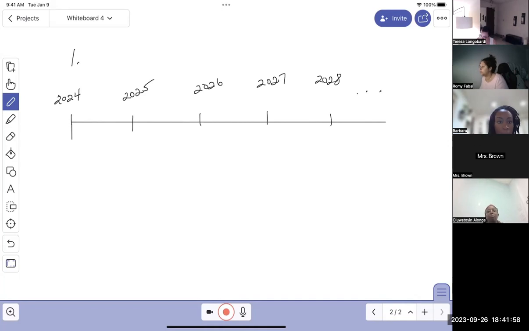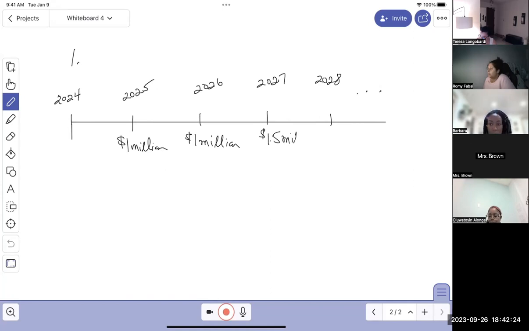So we're going to spend money here, 14 million. And then at the end of 2024, there's going to be $1 million. And then at the end of 2026, there's going to be $1 million. And then at the end of 2027, it becomes $1.5 million. And then it's going to continue 1.5 million forever.